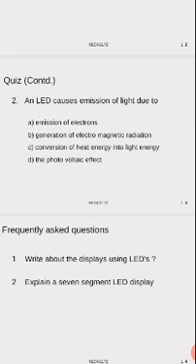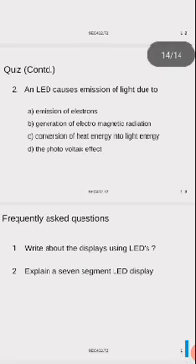Such materials are used, then only it can emit light in different colors. For different materials, different colors are generated.